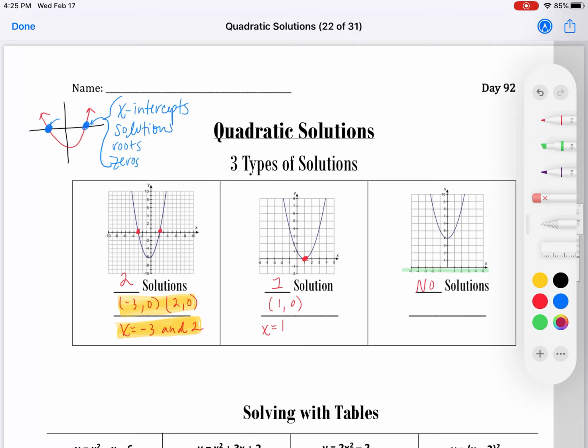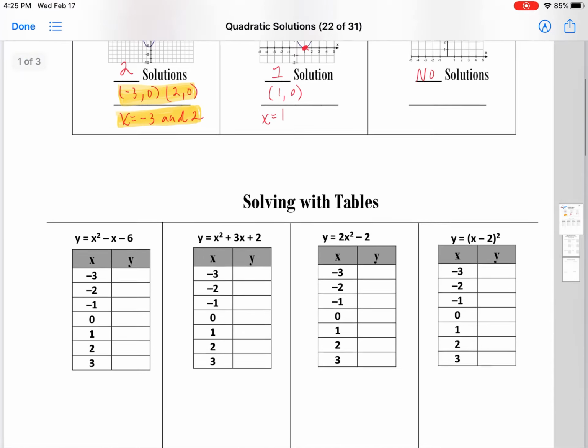When you get to Algebra 2, you'll learn some fancy math for what happens in this case. But for Algebra 1, these first two are what you will see most often: a graph will touch the x-axis two times to have two solutions, or one time to have one solution.